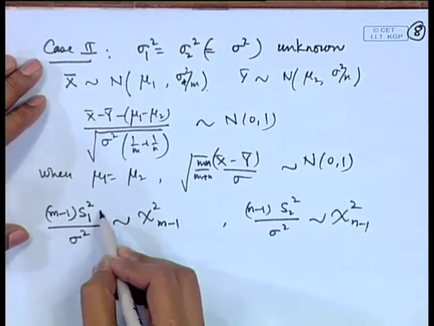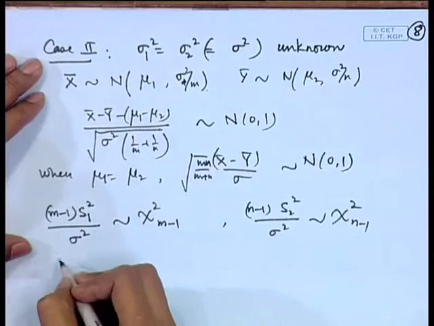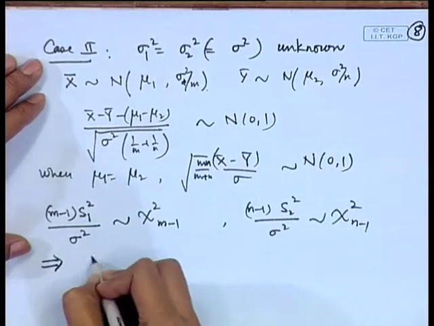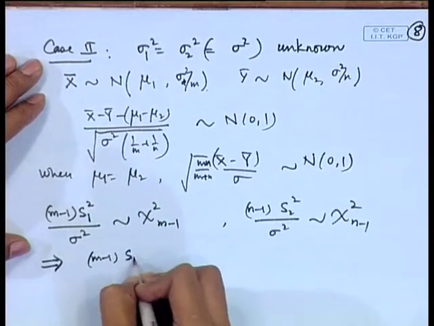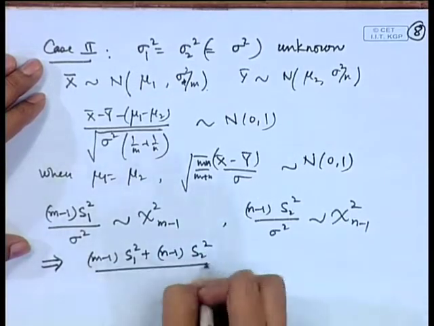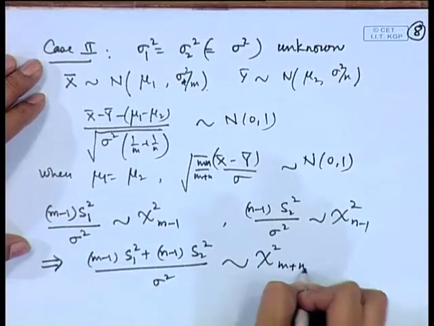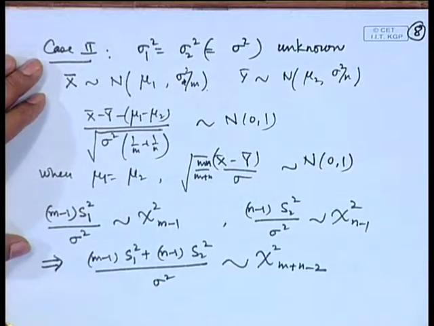Since the samples are independent, these statistics are independent, and therefore, by the additive property of the chi square distributions, we have (m minus 1) S1 square plus (n minus 1) S2 square by sigma square follows a chi square distribution on m plus n minus 2 degrees of freedom.